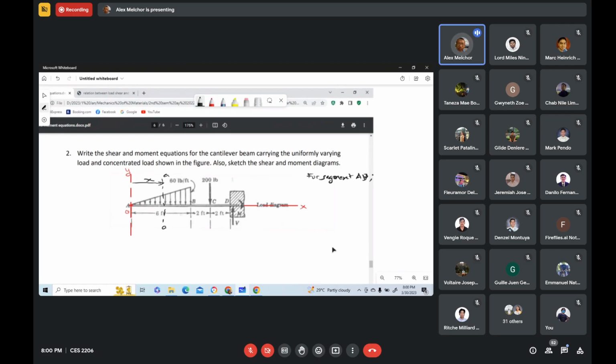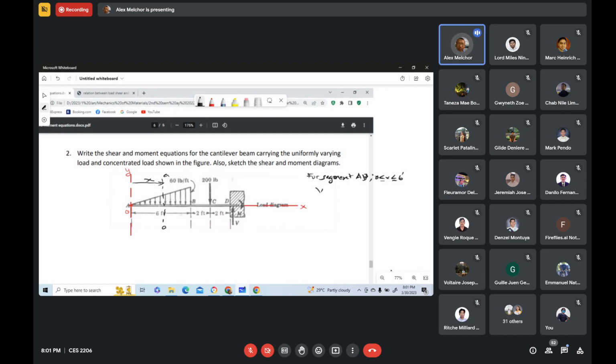So AA is located at any horizontal distance x from the left end. Our x varies from 0 to 6 feet. In mathematical form, 0 is less than or equal to x is less than or equal to 6 feet.